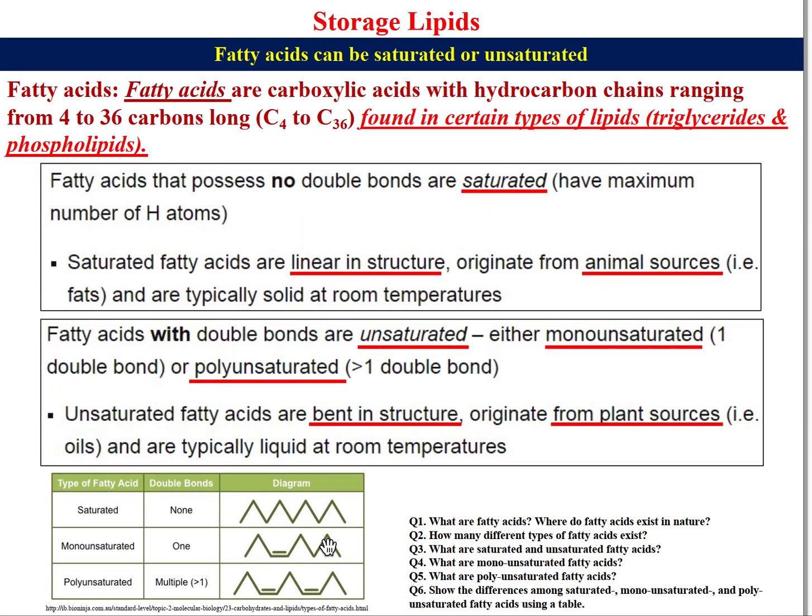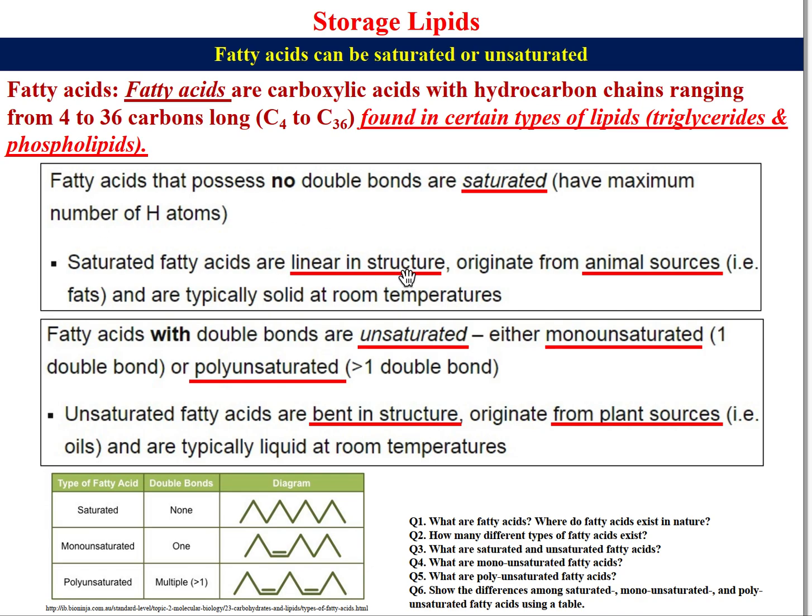So fatty acids can be saturated and can be unsaturated. Fatty acids are carboxylic acids with hydrocarbon chains ranging from 4 to 36 carbons, found in certain types of lipids, triacylglycerol and phospholipids. Fatty acids that possess no double bond are called saturated, and have the maximum number of hydrogen atoms.